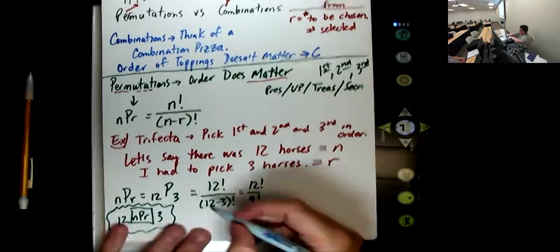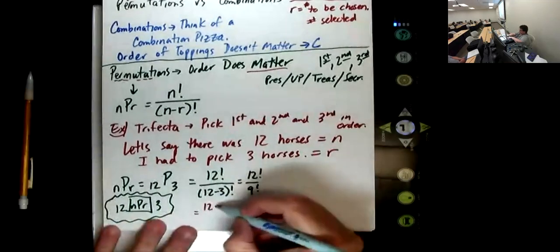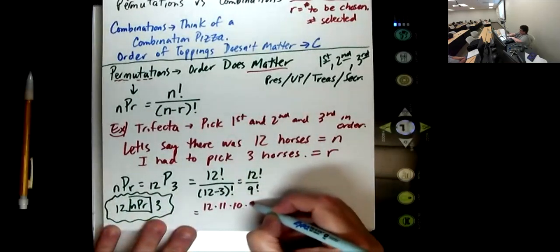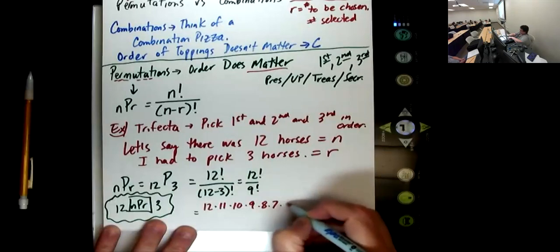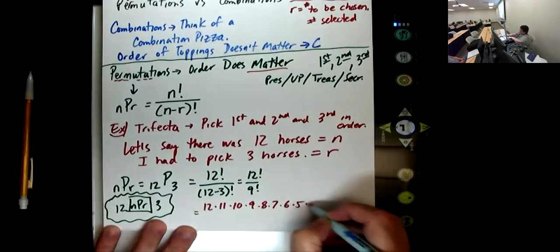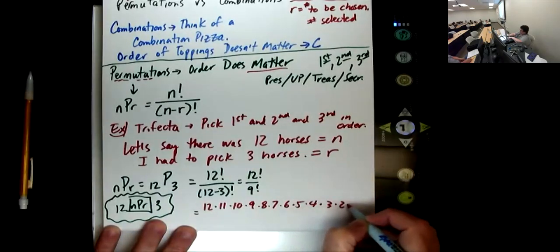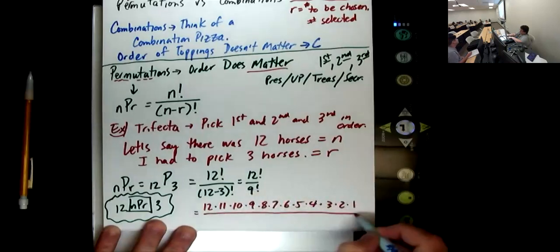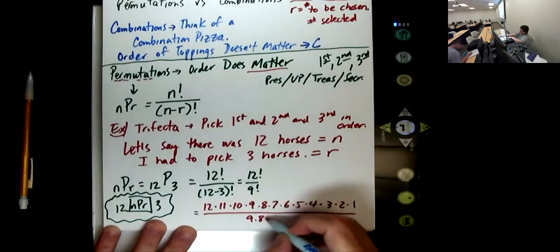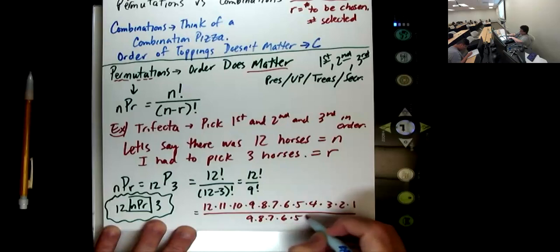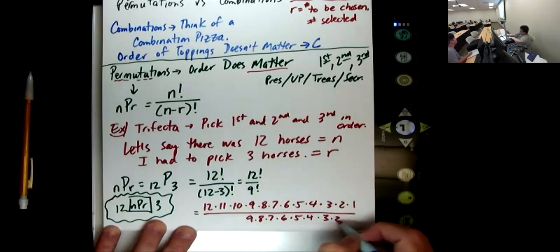If I wrote those out, that is 12 times 11 times 10 times 9 times 8 times 7 times 6 times 5, 4, 3, 2, and 1, all over 9 times 8 times 7 times 6 times 5 times 4 times 3 times 2 times 1.